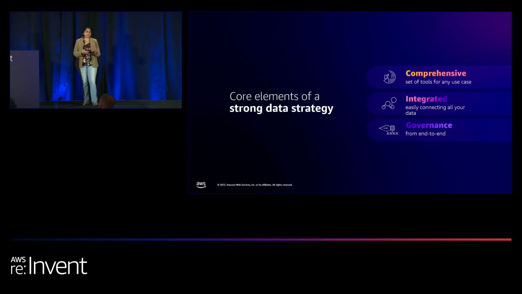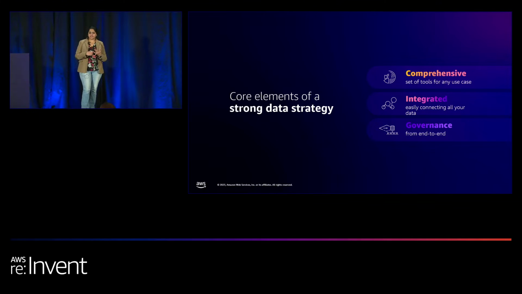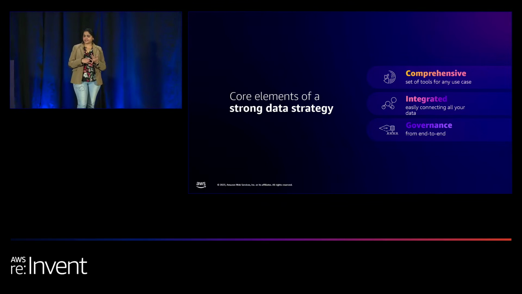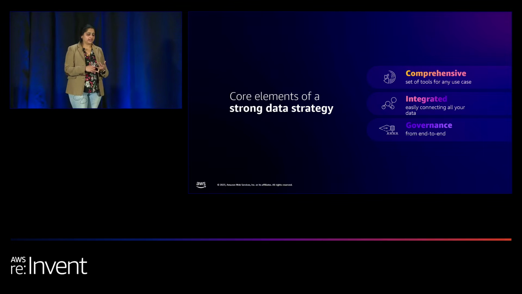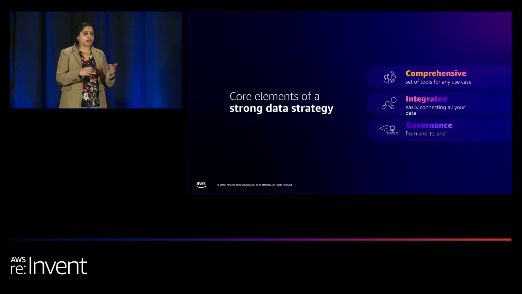And to do that, you need a strong data strategy. And there are 3 elements for you to build a strong data architecture. One is being able to access the right set of tools for analysis, for your own business use case. So you want that tool set to be comprehensive.